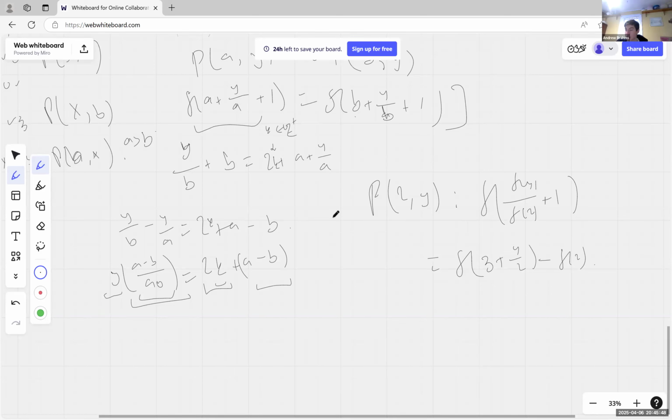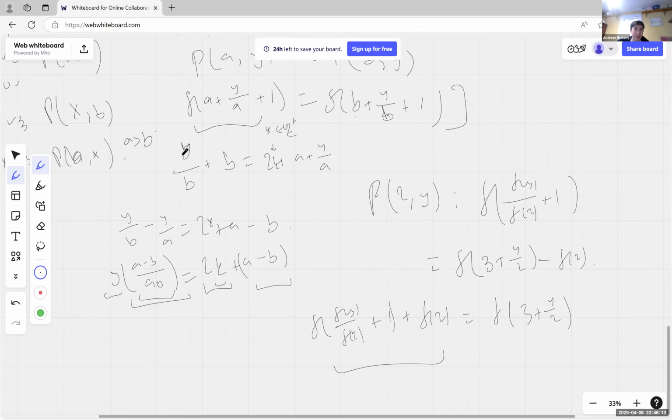This just comes from plugging it in. And we also have that, and so we have f of y over f of 2 plus 1 plus f of 2 is equal to f of 3 plus y over 2.